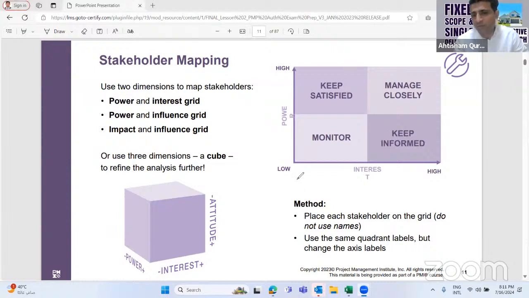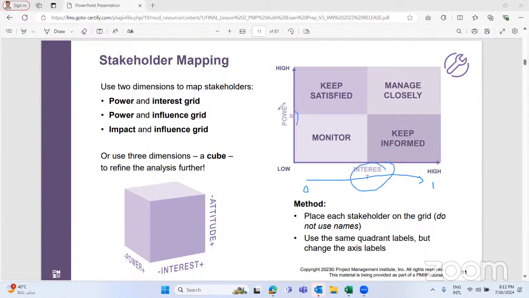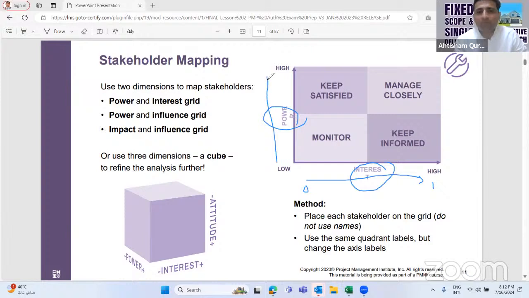On the x-axis, I can plot their interest level in the project from 0 to 1, or low to high. Make sense? Makes sense. On the y-axis, I can plot their power from 0 to 1, or low to high. Make sense? Makes sense, sir.